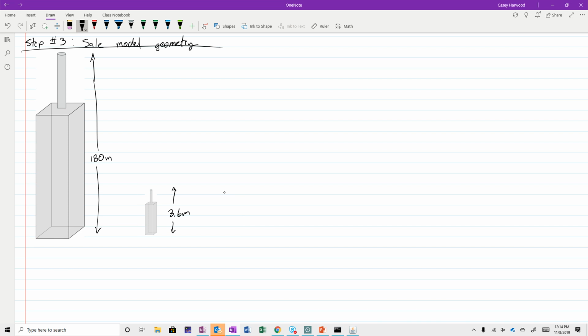We'll go ahead and say, all right, we'll go big or go home, we'll go with a 3.6 meter model, which is pretty large. It's still a 10-foot model building. So that suggests then that our scale factor, gamma L, which would be the height of the model over the height of the building, would be basically 3.6 over 180, which will work out to be 1 over 50.